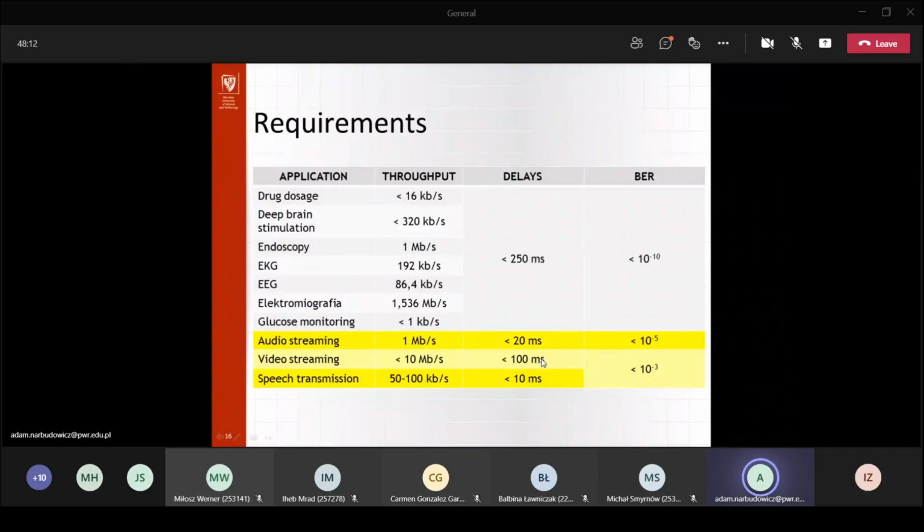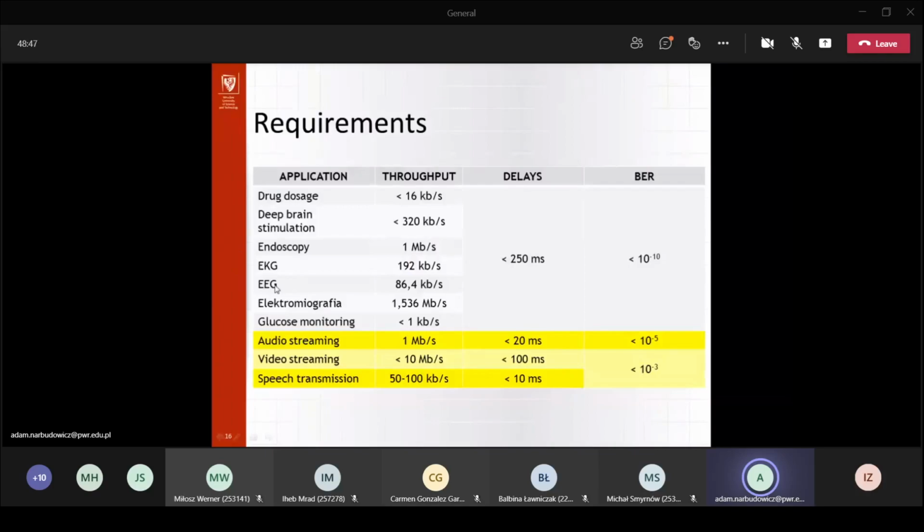This is mainly because you want to have a smooth transmission. You don't want to have any delays here. So compared with those values, we can see that most of the medical applications require very low amounts of data being transmitted.